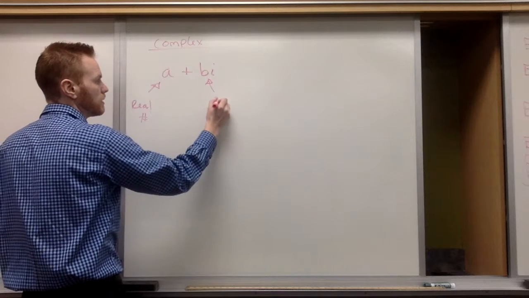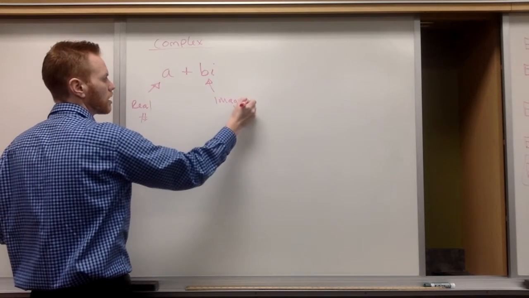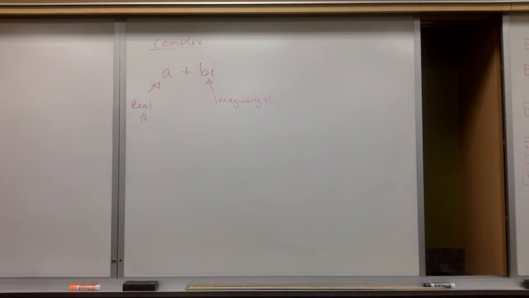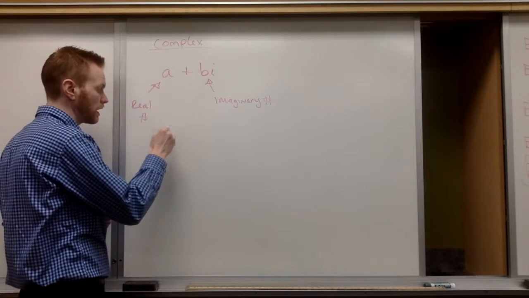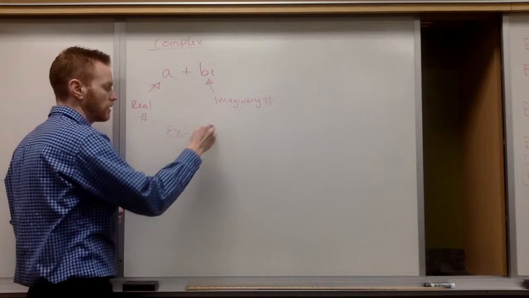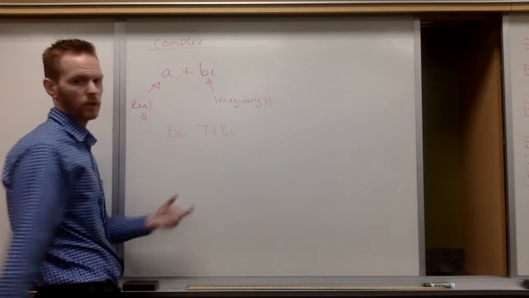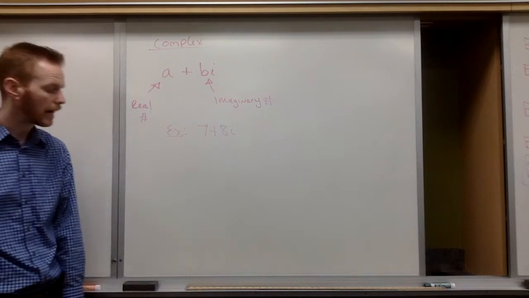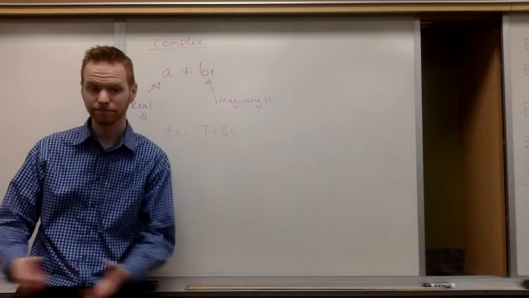And the B would be the imaginary number. That's what a complex number is. It combines the two together. For example, 7 plus 8i would be a complex number.